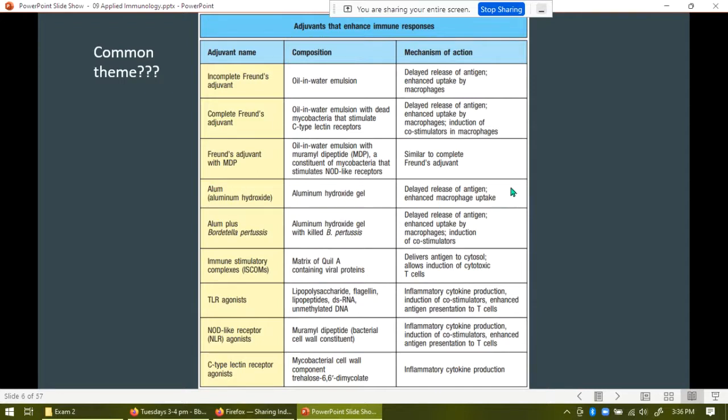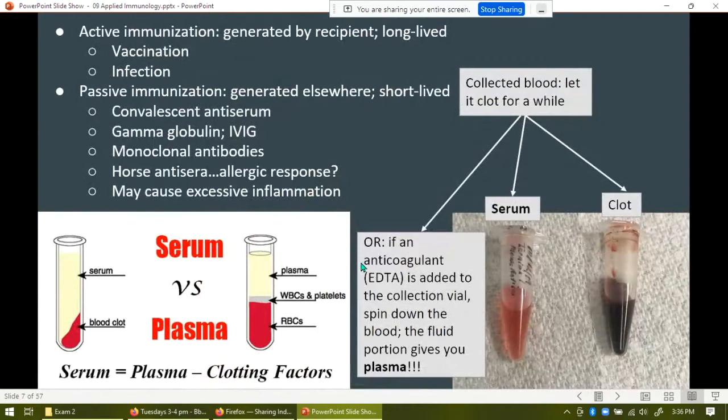So usually alum is good enough. Occasionally maybe you might add something else, but usually we try to stay away from anything that might cause an extreme inflammatory response. It's kind of unfortunate though, because that can decrease the efficacy of a vaccine when you don't use a strong adjuvant. But it is what it is.